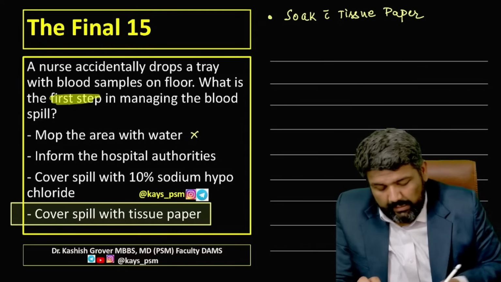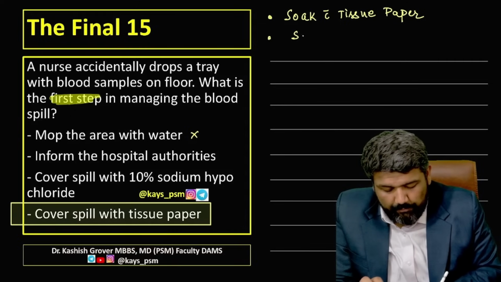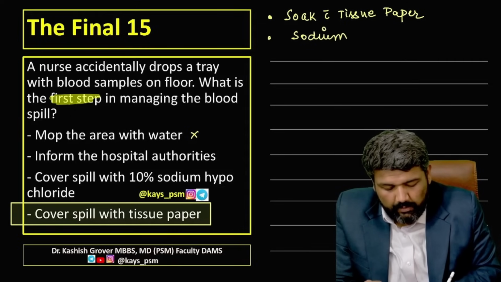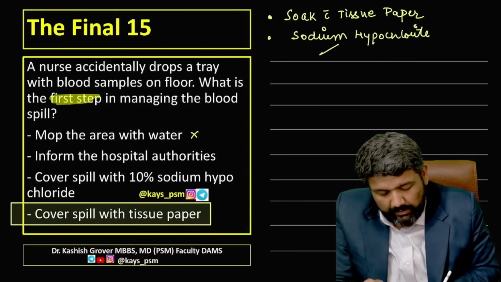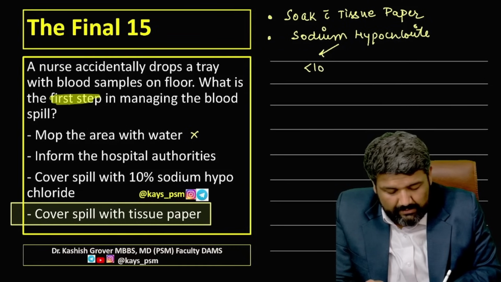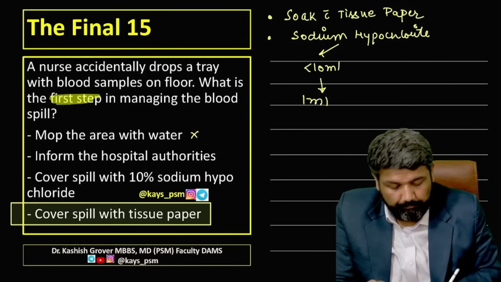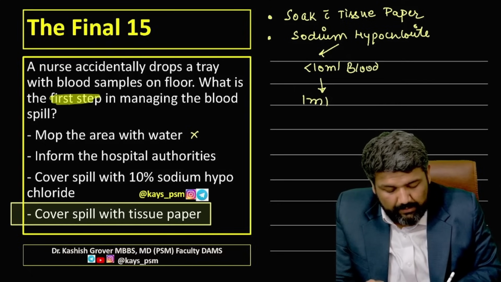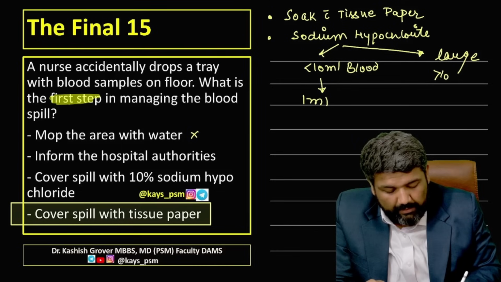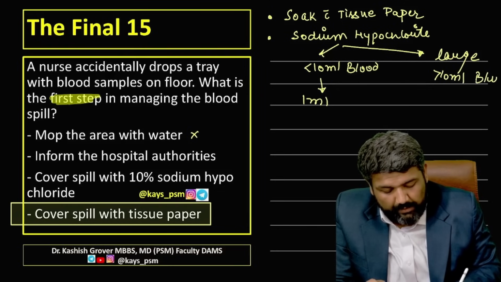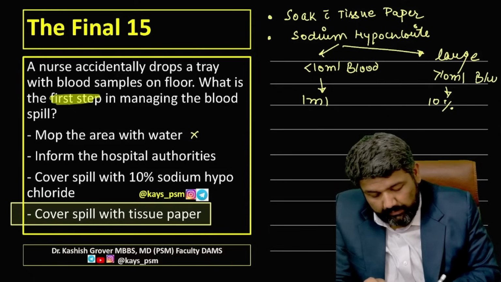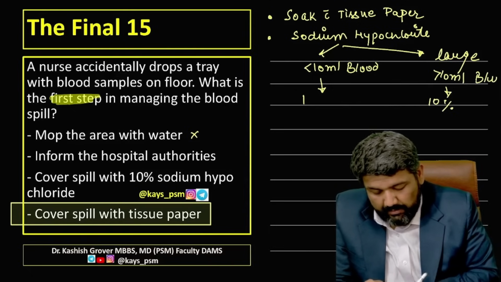Second, now use sodium hypochlorite. If the blood is less than 10 ml, use 1%. If the blood spill is large, more than 10 ml blood, then you use 10%.